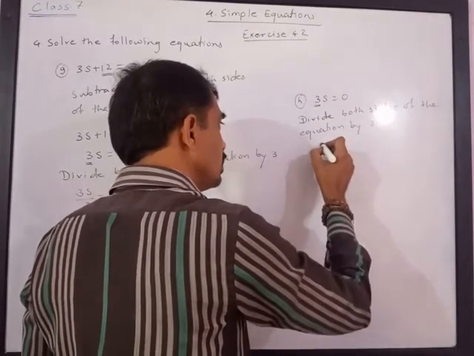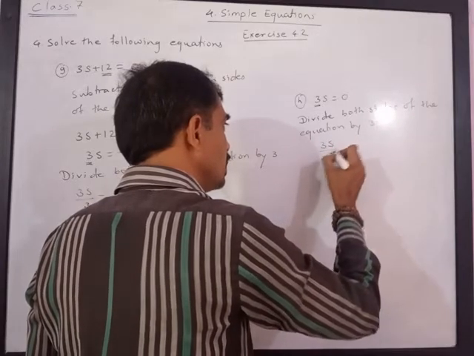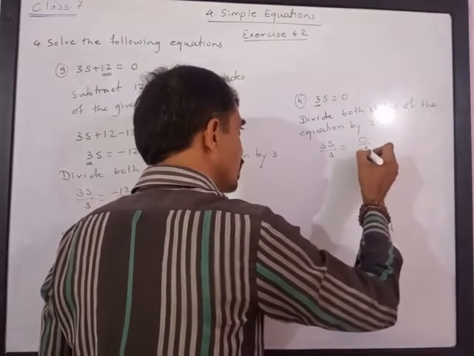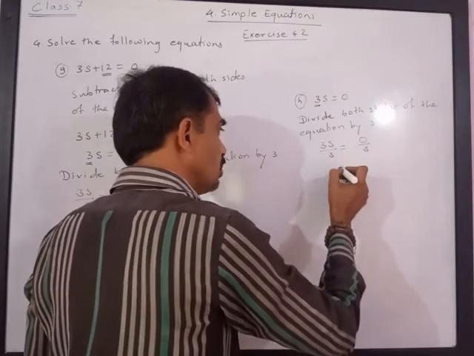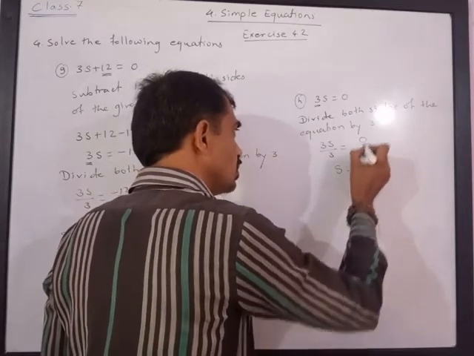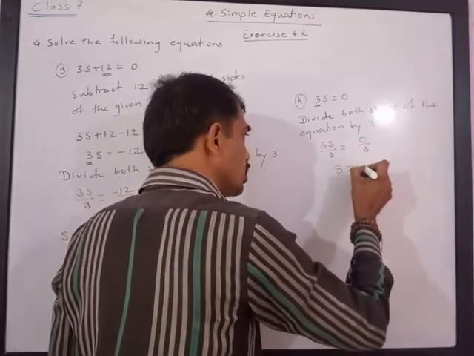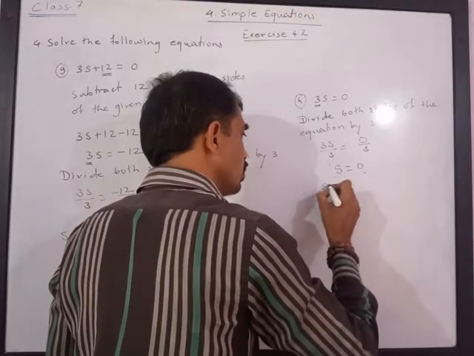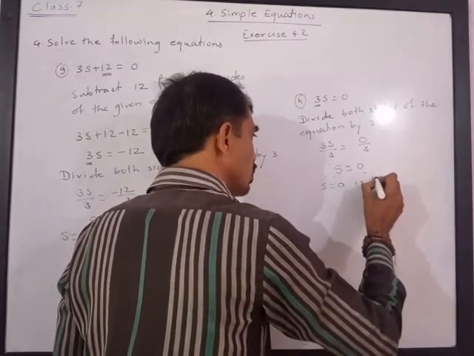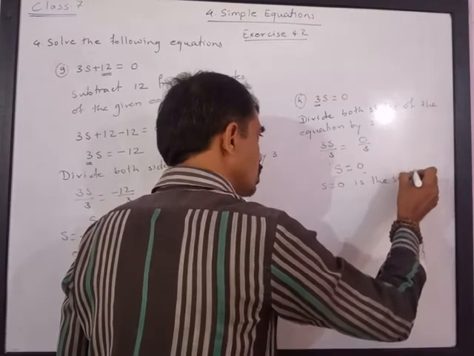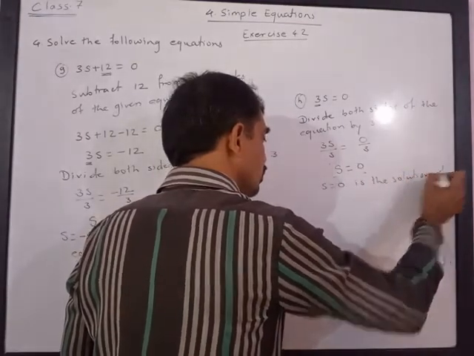So we will get 3s upon 3 is equal to 0 upon 3. So 3 divided by 3 is 1, it means it is s. And 0 divided by any number is 0. So s is equal to 0 is the solution of the given equation.